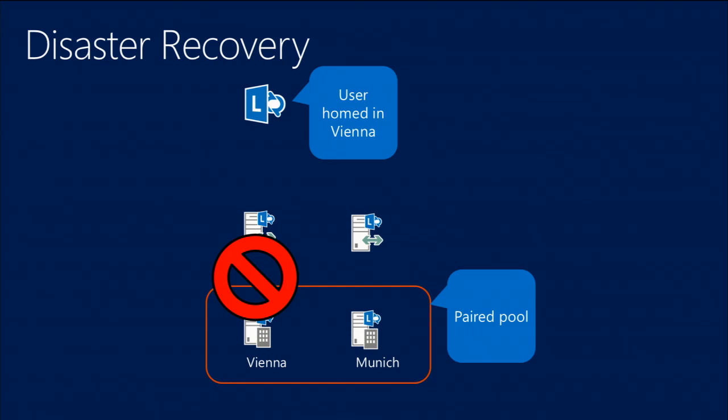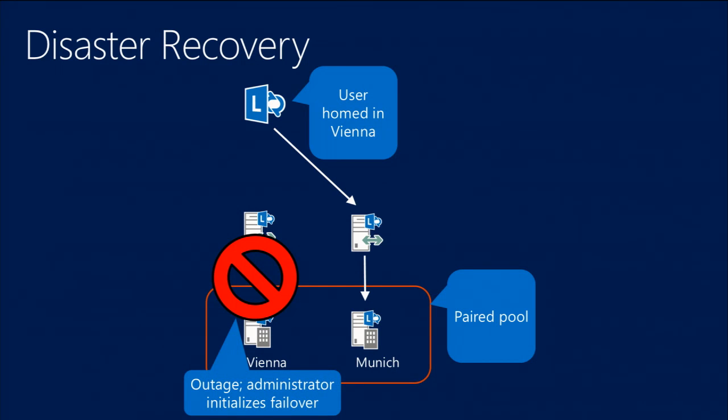I run some nifty PowerShell commands, Invoke-CsManagementServerFailover, Invoke-CsPoolFailover. I fail over all of the services to Munich. I then take the edge server, edge services, and repoint them so that the user can now sign in through this particular edge, and we're off and running.